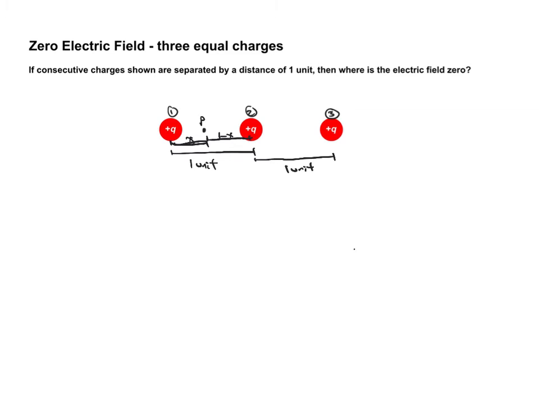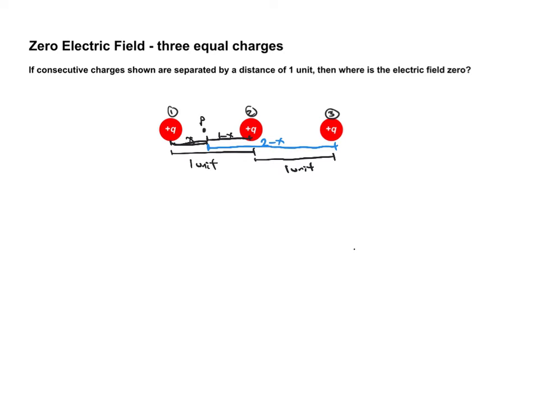And my distance from point P, I'm going to draw this, I'll use a different color, from point P all the way over to charge 3, that distance will be 2 units minus x.